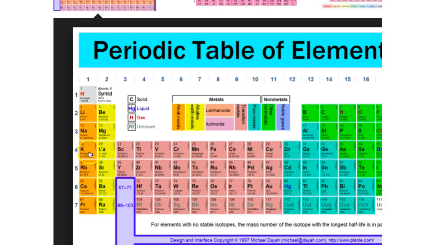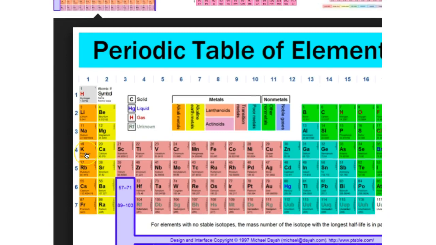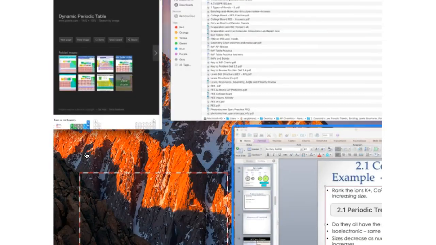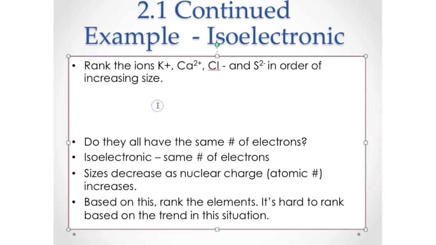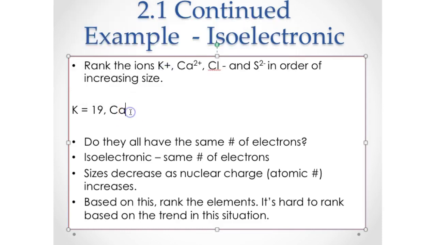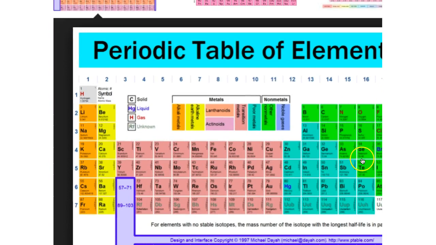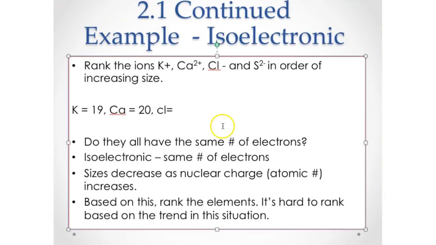Lithium has 3, sodium. So we're looking at K here. 19 protons. Calcium has 20. Chlorine has 17. And sulfur has 16.